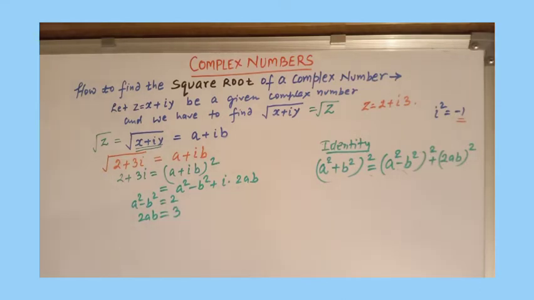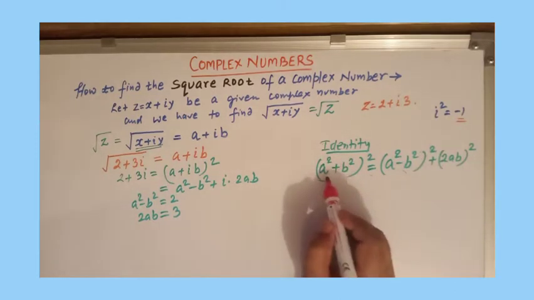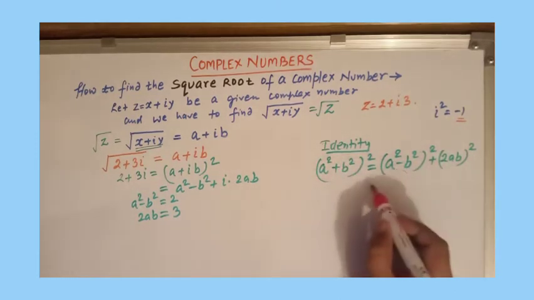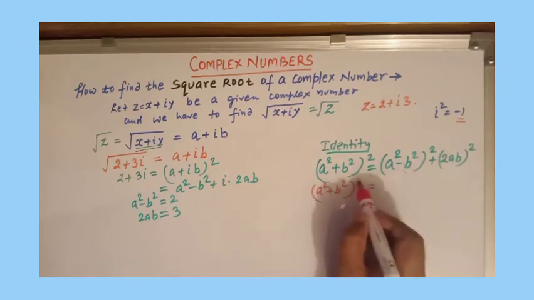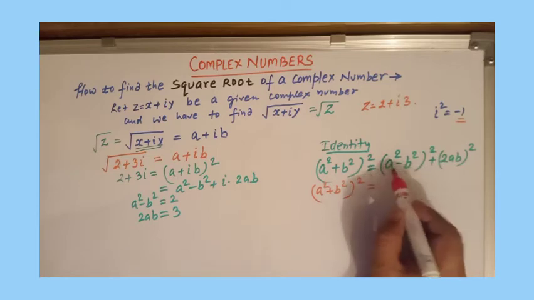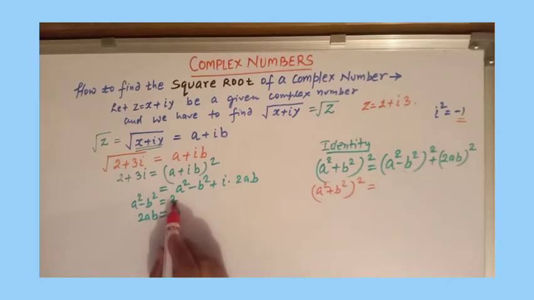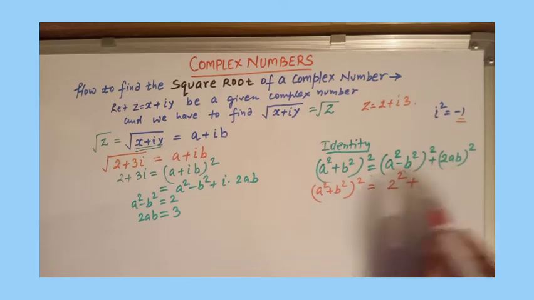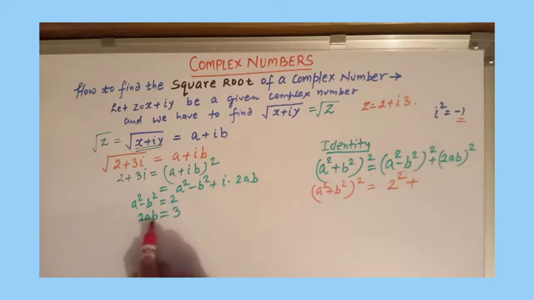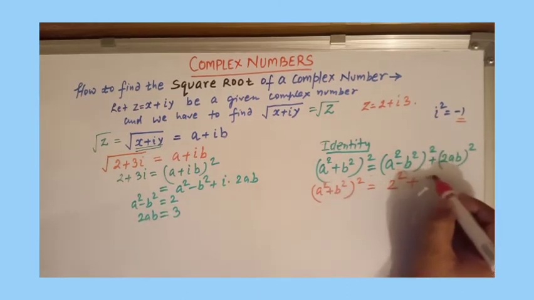Clear? Now viewers, here we'll make use of this identity: (a square plus b square) whole square is equal to (a square minus b square) square plus (2ab) square. So we write it here 2 square plus 3 square, since 2ab is 3.